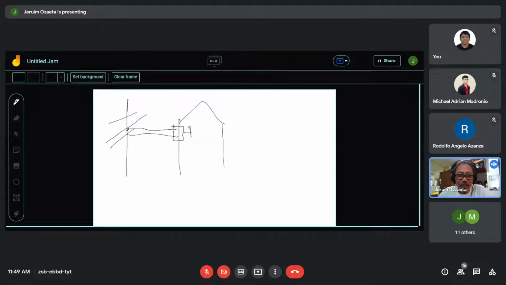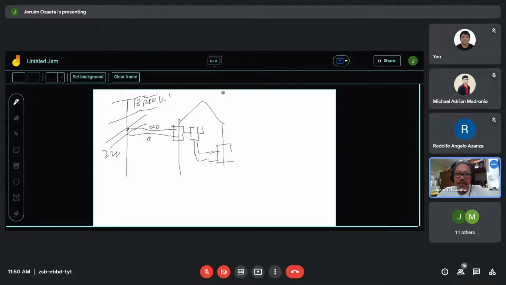Tapos sa switch, tapos sa mga ilaw, sa aircon. Okay, the 0 volts to 220 volts. This is 220 volts and this is 220. Ito naman, this is 13,200 volts.